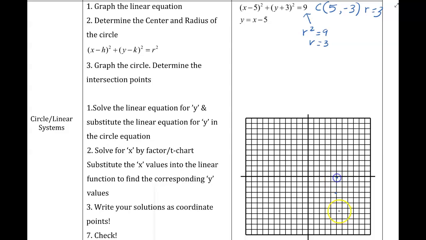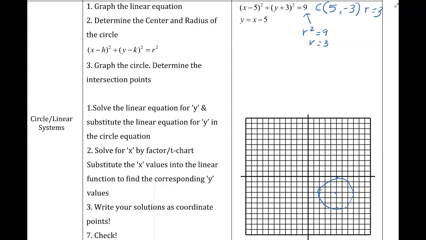I'm going to go 3 up, 3 units down, left, and right. And then I can draw in my circle. Not the best circle in the world, but it'll work.